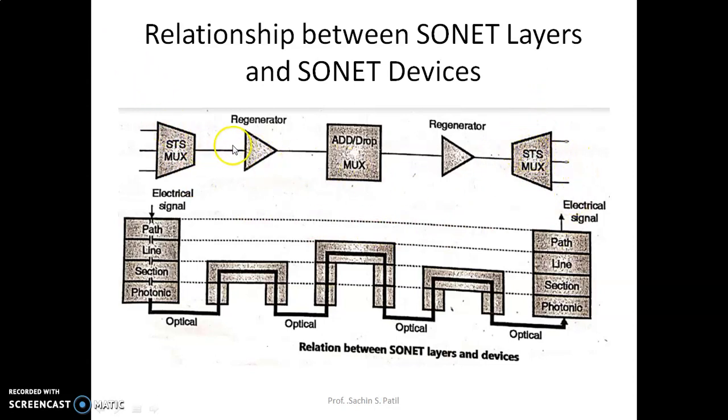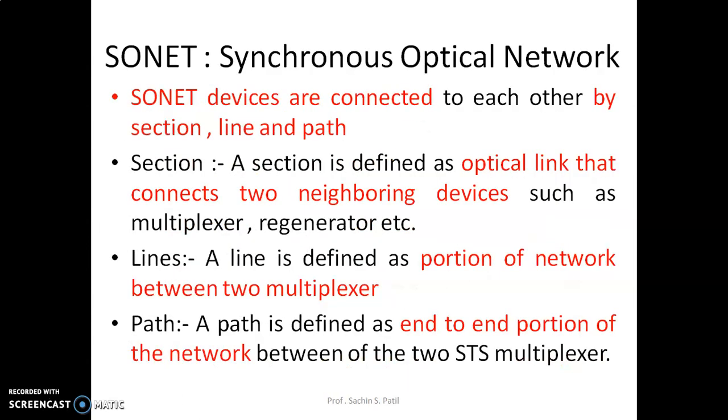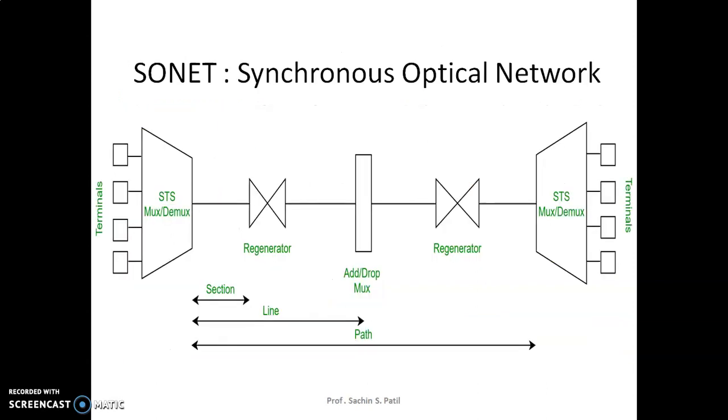Okay, so we have seen the different SONET frame rates and the SONET frame structure. Then we have seen the synchronous optical network connections, how SONET devices are connected using section, line, and path. Section is nothing but the connection between two neighboring devices, these 1, 2, 3, 4 section connections.